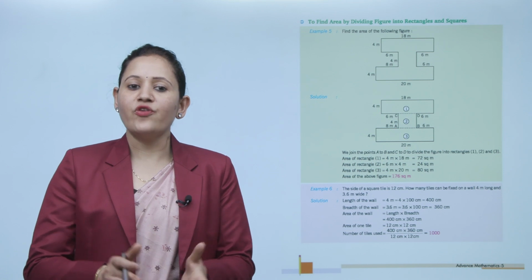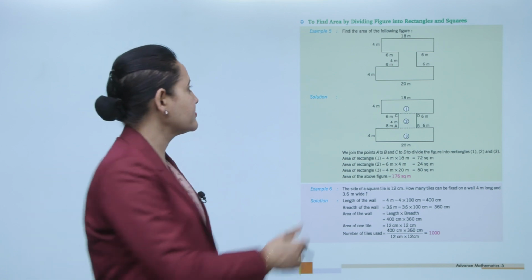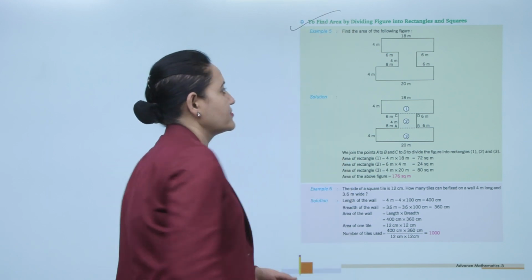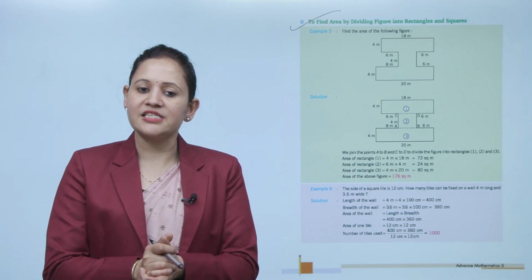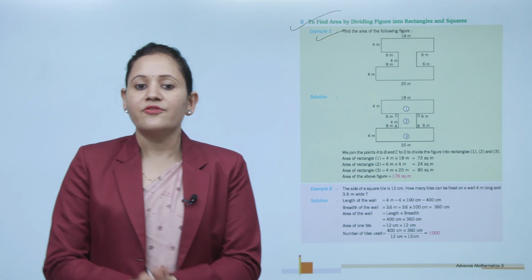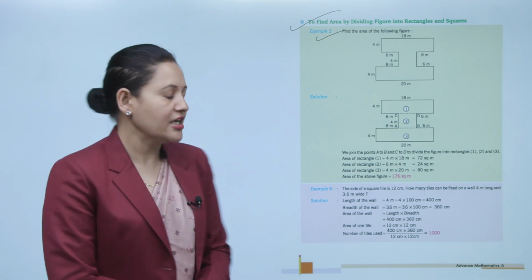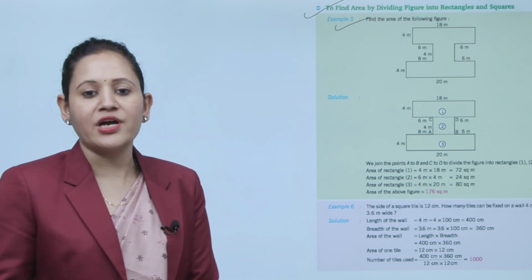Next is to find the area by dividing figure into rectangles and squares. We will understand that with the help of an example. Find the area of the following figure. Here a figure is given. What we'll do? We have to find the area.